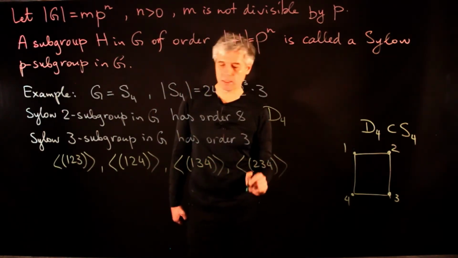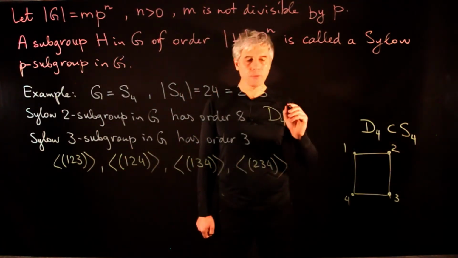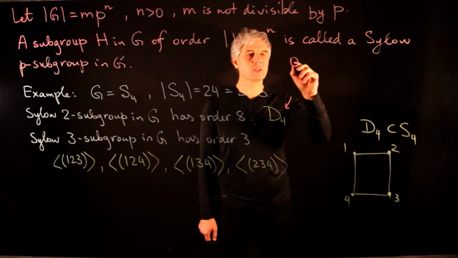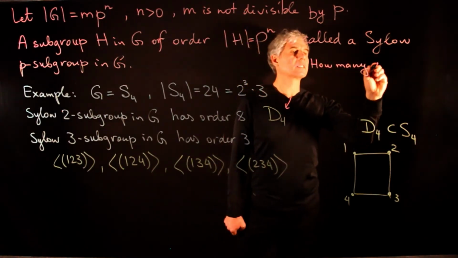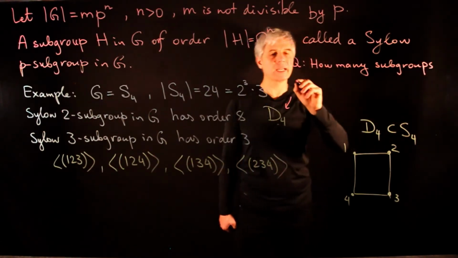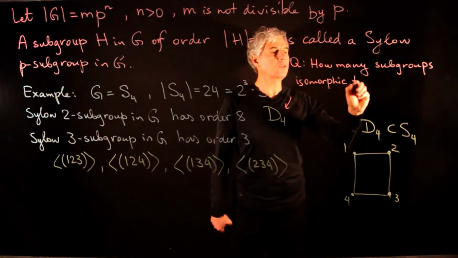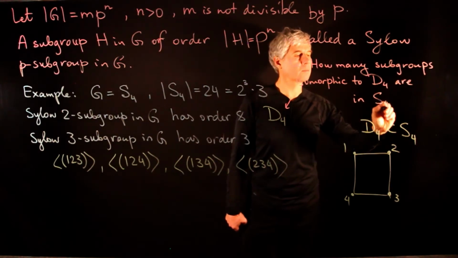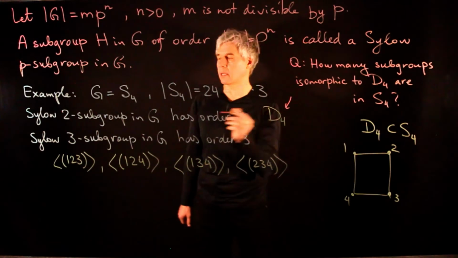So what we see is that there are 4 Sylow 3-subgroups in S4. And for Sylow 2-subgroups in S4, let us ask a question. How many subgroups isomorphic to D4 are in S4? So list all subgroups isomorphic to D4 in S4.